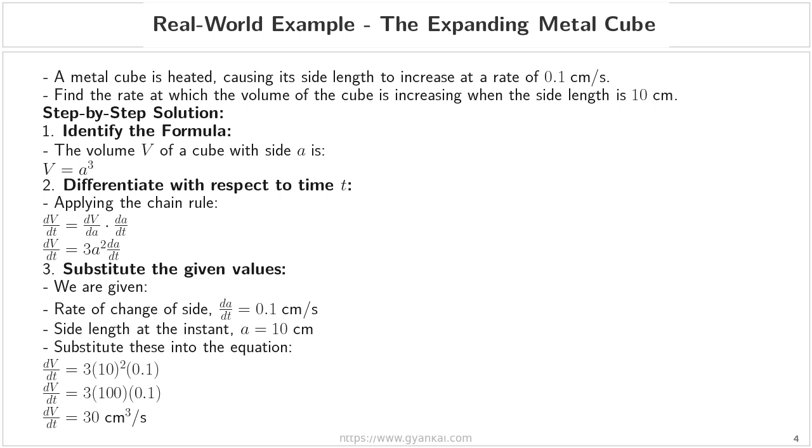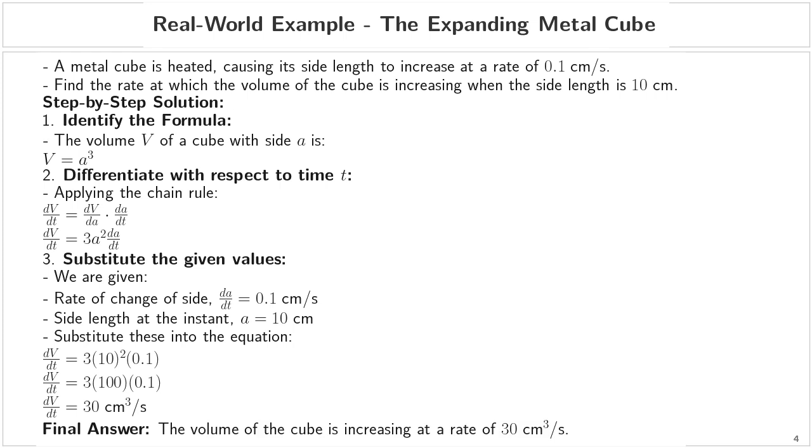This simplifies to 3 times 100 times 0.1, which results in 30 cubic centimeters per second. Our final answer is that the volume of the cube is increasing at a rate of 30 cubic centimeters per second. As we move forward to the next slide, pay close attention to the order of these steps, as substituting values too early is a common mistake we will discuss shortly.